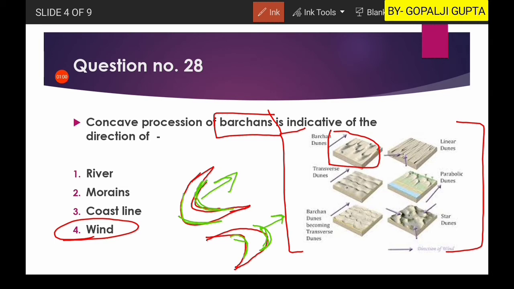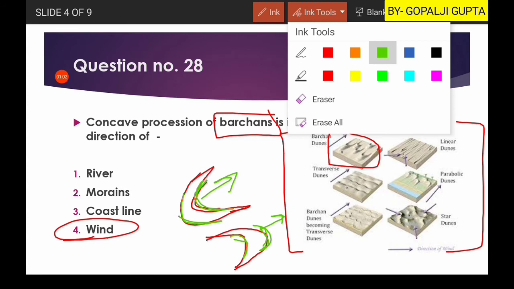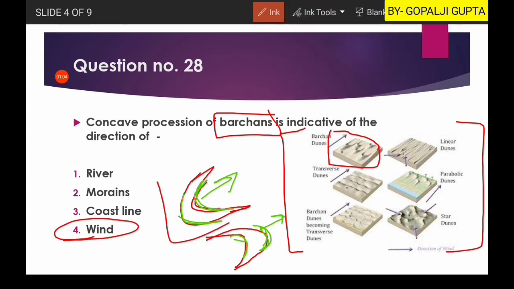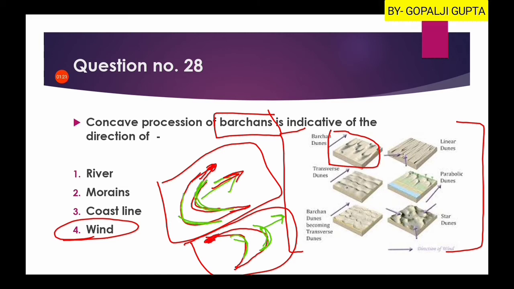So keep in mind that barchans and parabolic dunes have different wind directions. A question may be asked that the horns of the barchans show the wind direction, while the horns of the parabolic dunes are opposite to the wind direction. So here the fourth option is our right answer.